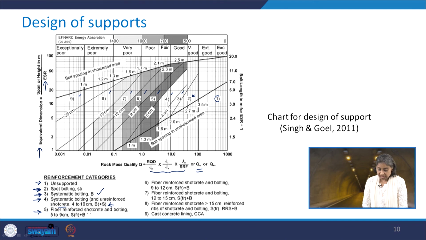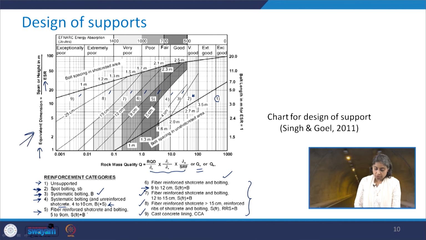Here the shotcrete thickness varies between 5 to 9 centimeters, and likewise you have categories 6 to 9, where the sixth one has fiber reinforced shotcrete plus bolting, and the thickness of this fiber reinforced shotcrete varies between 9 to 12 centimeter. Similarly, the description is given for 7, 8 and 9, and this is how these categories have been mentioned in this particular figure.